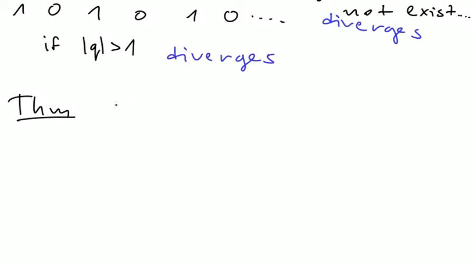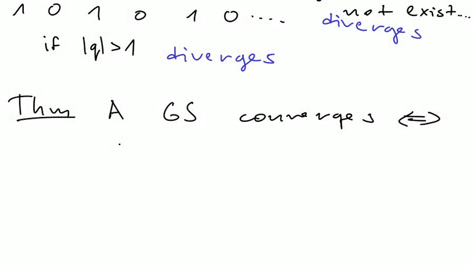A geometric series converges if and only if the absolute value of q is smaller than 1. So now we were able to somewhat characterize all geometric series, and this is our basic tool we are going to use today.